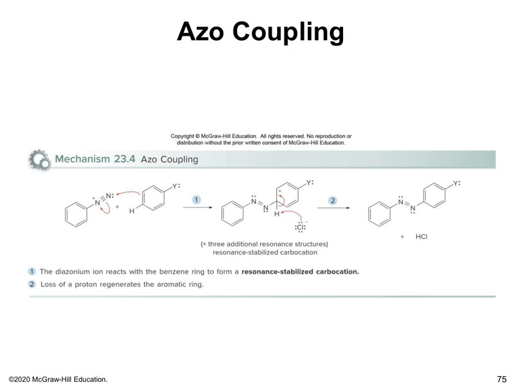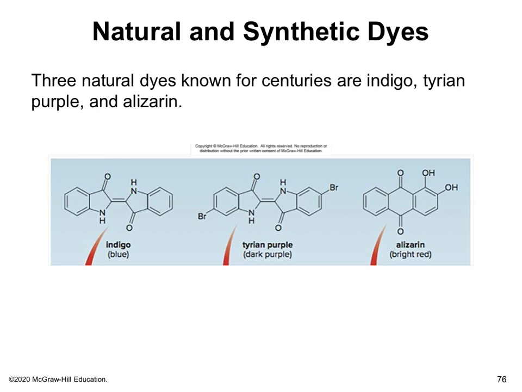And remember, this is the mechanism, and then you got your sigma complex and reatomization. And so you can see indigo, blue, the structure for that, purple, Tyrian purple, and this is a bright red color.